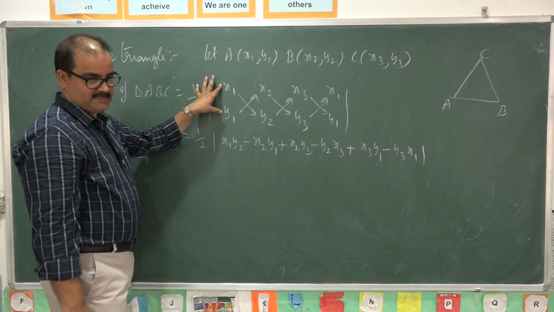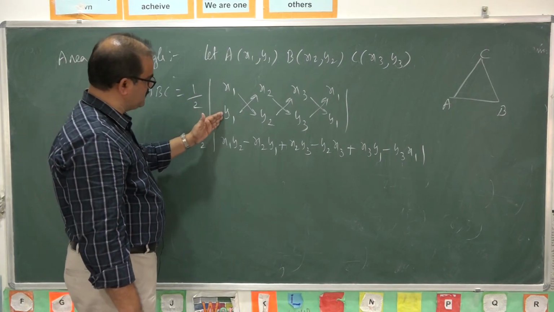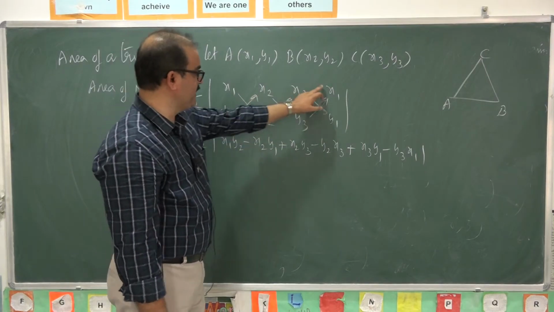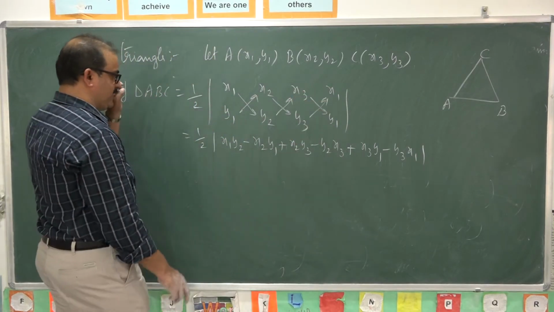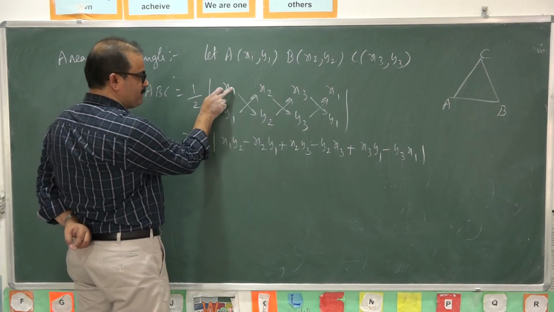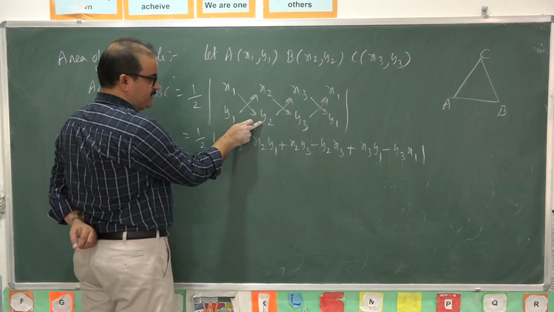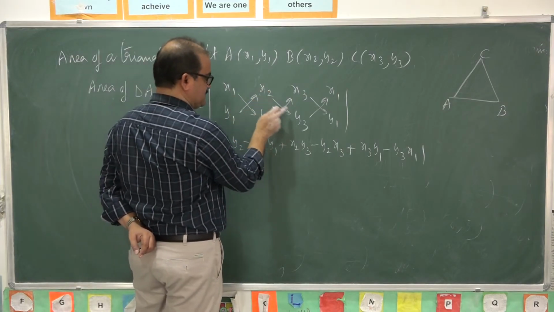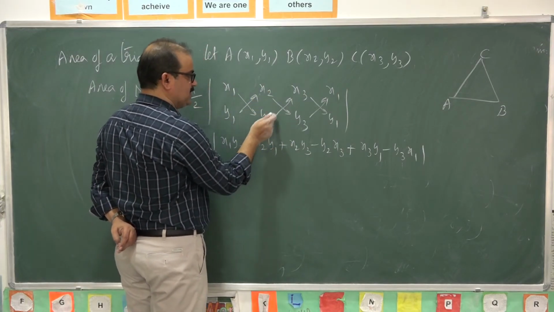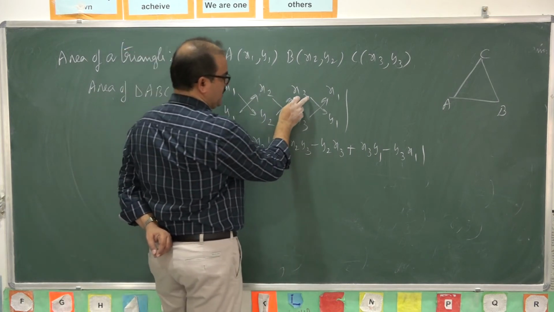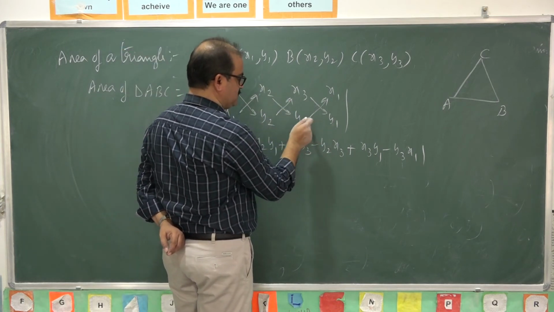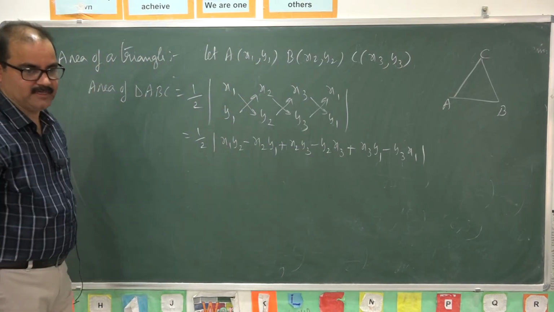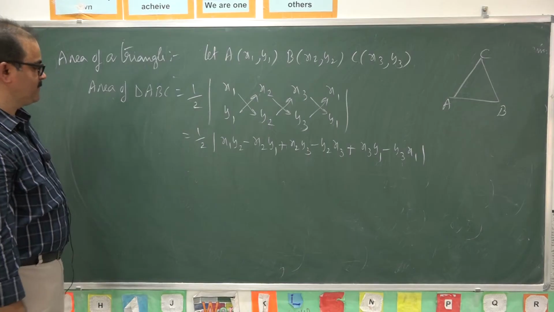Write the vertices as column x1 y1, next x2 y2, x3 y3. Again you write x1 y1. Now you expand this: x1 y2 minus y1 x2 plus x2 y3 minus y2 x3 plus x3 y1 minus y3 x1. From this we find the area of the triangle.